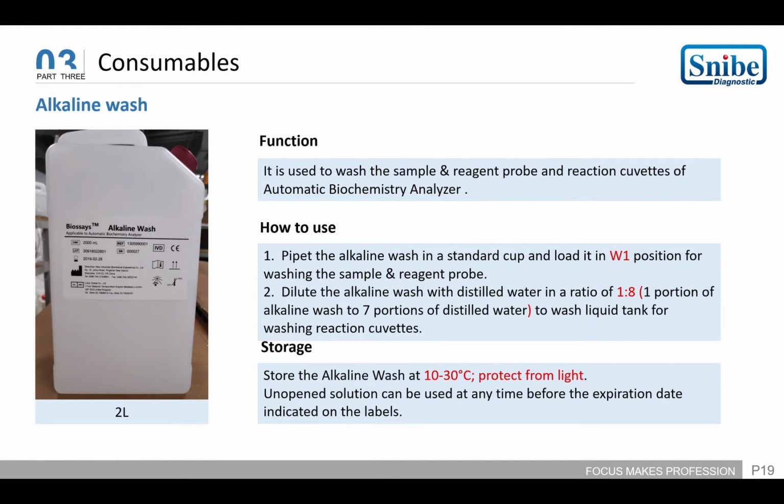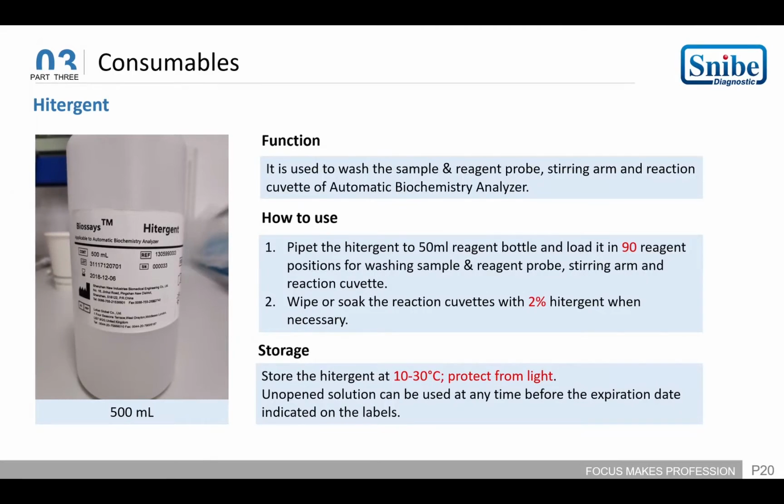And the next one is about the hypochlorite. It is used to wash the sample and the reagent probe, stirring arm and reaction cuvettes of the automatic biochemistry analyzer. But how to use it?